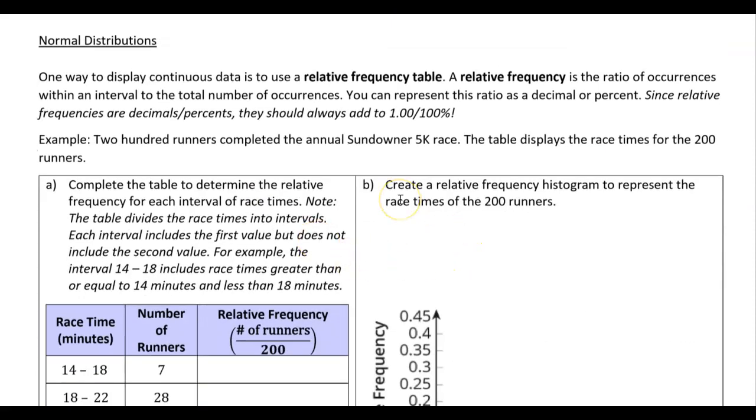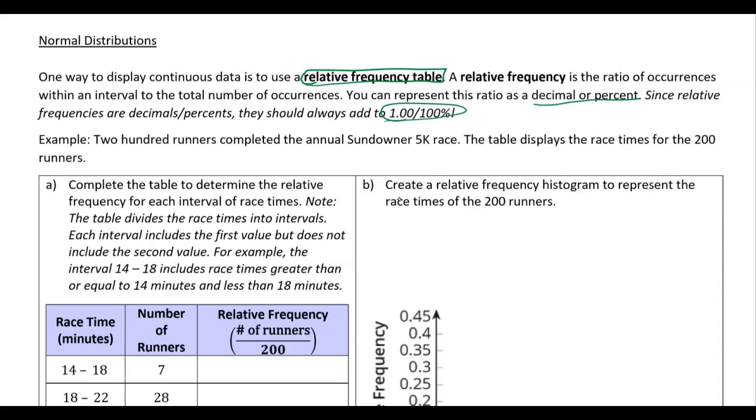And the last idea for this lesson is normal distribution. One way to display continuous data is to use a relative frequency table. A relative frequency is the ratio of occurrences within an interval to the total number of occurrences. You can represent this ratio as a decimal or a percent. Since relative frequencies are decimals or percents, they should always add to 1 or 100%.